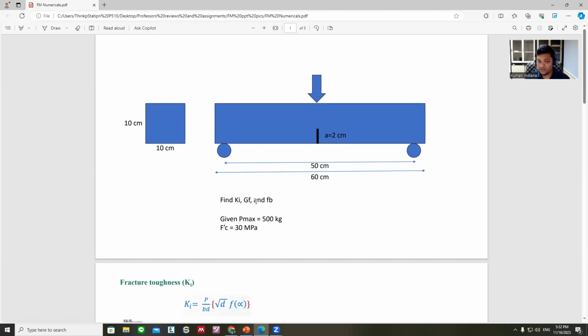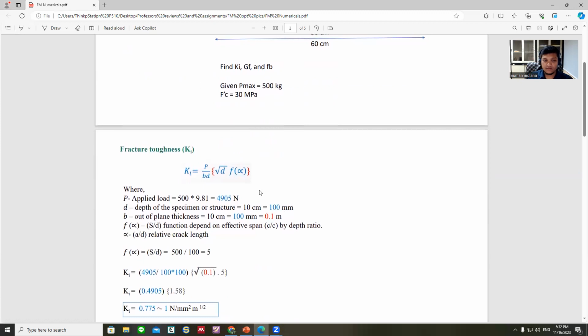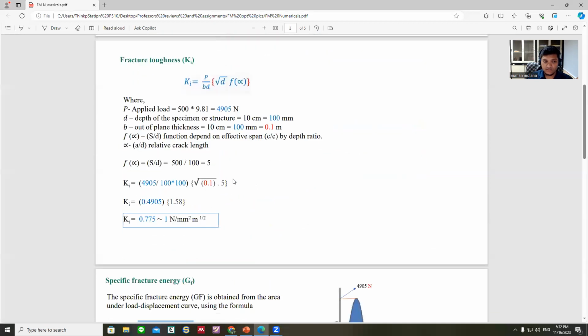So you have to convert that 500 kg into Newton. We have to multiply by 9.81, the factor for it. The concrete which is used is 30 MPa, meaning C30 has been used in this specimen. This is the depth and this is the width of the cross section.